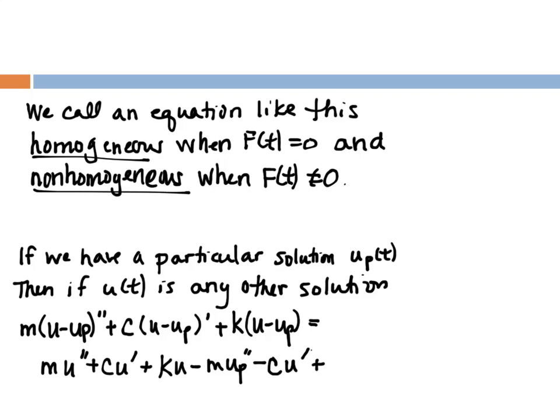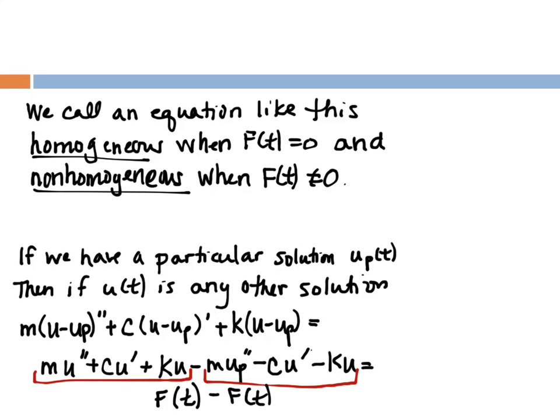That sounds funny. Minus k u p. This would equal f of t, because the first one's a solution, right? Let me put this in here. This is f of t. This is also f of t, right? So this would be minus f of t, which would be a grand total of 0.